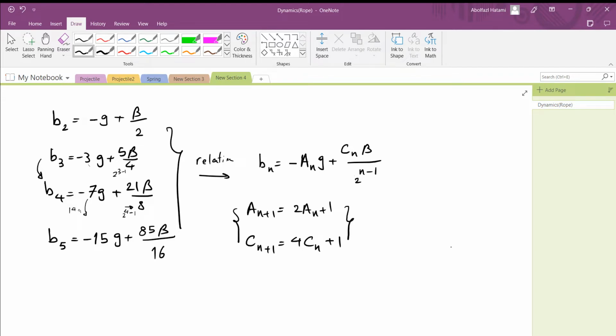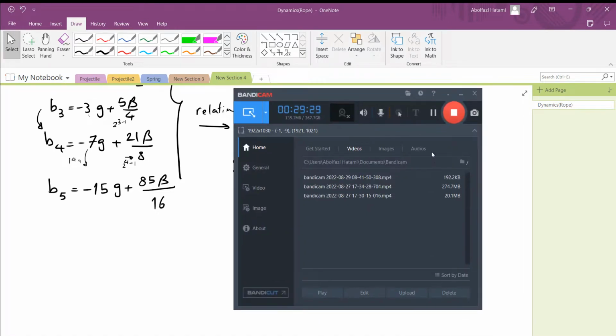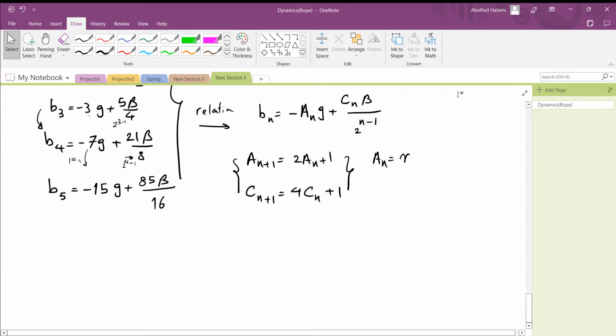Also, I suppose you are familiar with these recursive equations. In this equation you can guess that an is something like gamma times 2 to the power of n plus some constant, for example phi.